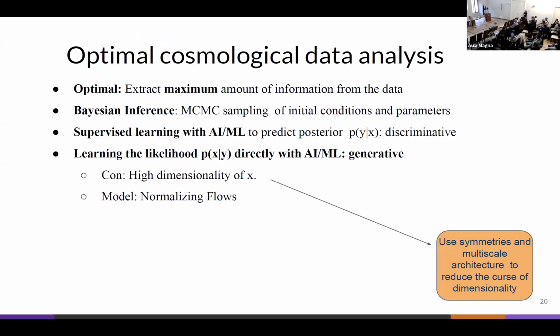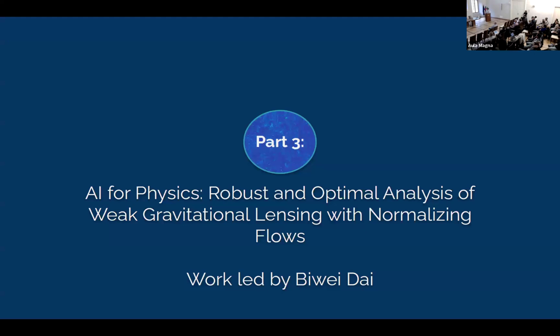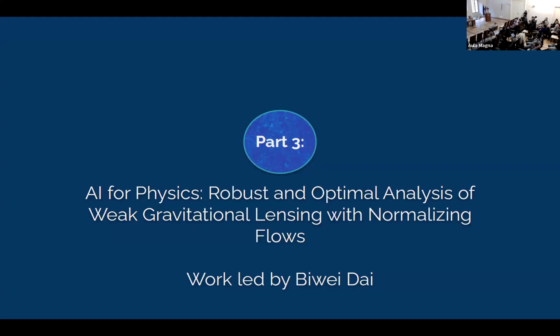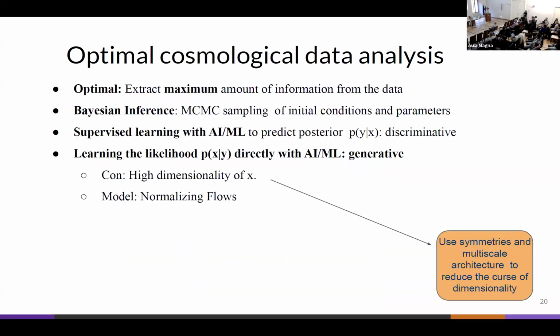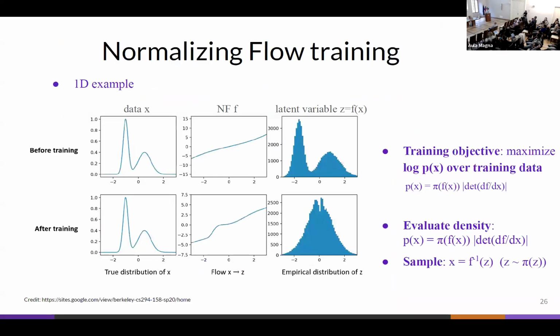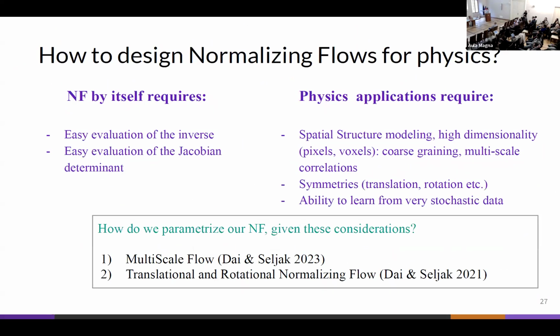Well, yeah, it's a sad story, I would say. We developed two normalizing flows. The first one we developed was the translational rotational normalizing flow. Rotations are usually not implemented in the architectures, and so we thought, well, we have rotational symmetry in our cosmology data.